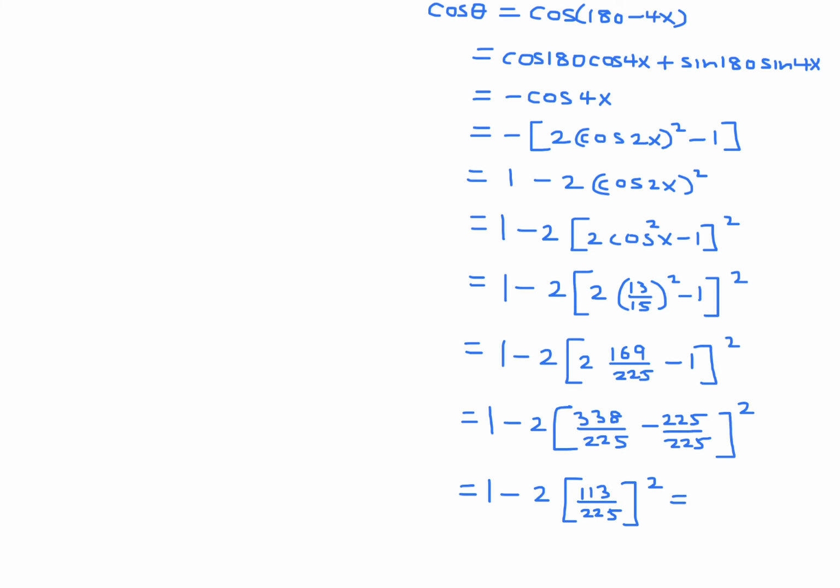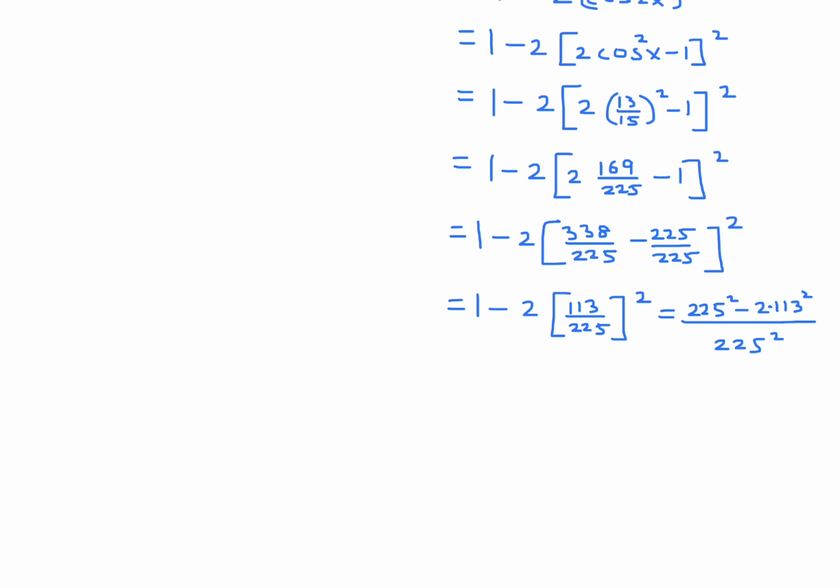And I think I'm going to need a common denominator once again. It's going to be 225 squared, actually. 225 squared, and this is minus 2 times 113 squared, like this. Boy, oh boy.